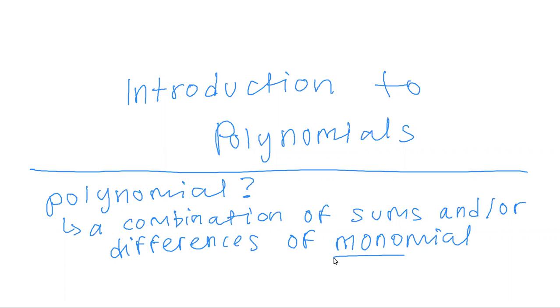And monomials are just anything with the type of ax to the n.